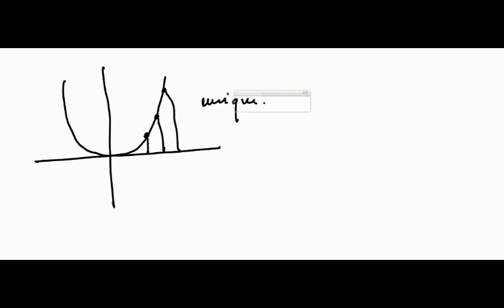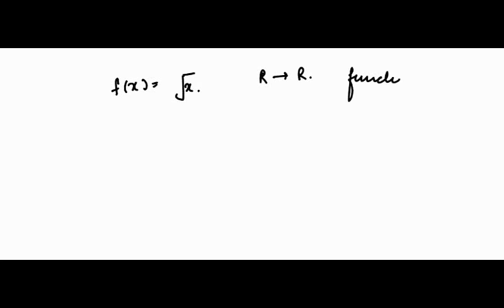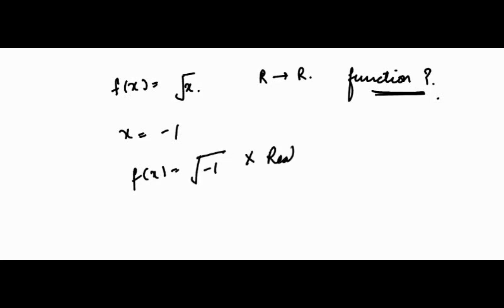Now let's discuss another relation which we have to see if it is a function or not. Let's say f of x is equal to root x, defined from real numbers to real numbers. Is it a function or not? If you take x as -1, you will get f of x equal to under root -1, which is not a real number. That is, under root -1 does not belong to R. So no, this is not a function.